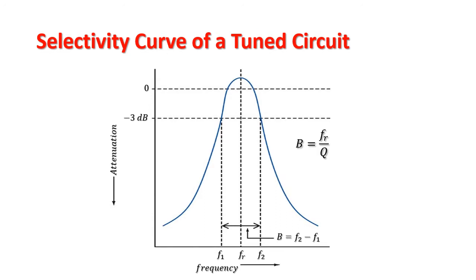That is why negative 3 decibels is written at the leftmost side of the graph. So f2 and f1 define our bandwidth. Bandwidth is equivalent to f sub 2 minus f sub 1. Bandwidth can also be computed by dividing the resonant frequency, f sub r, by our selectivity, or Q.